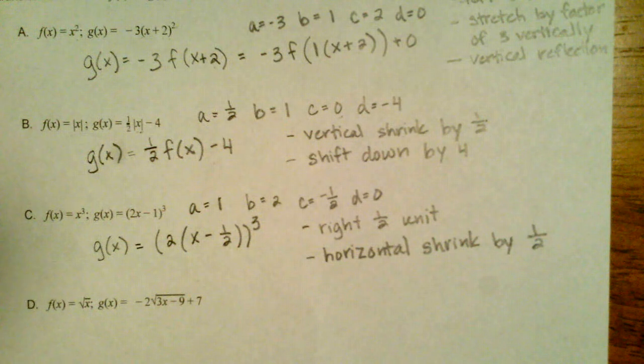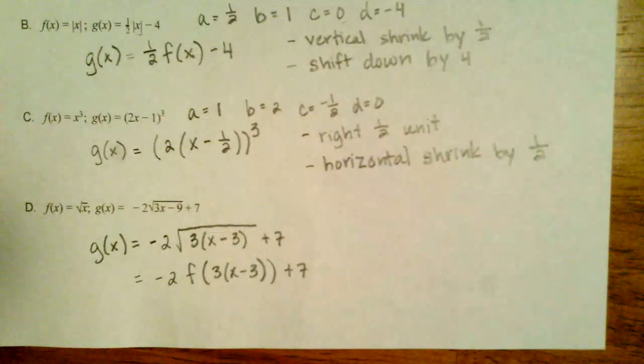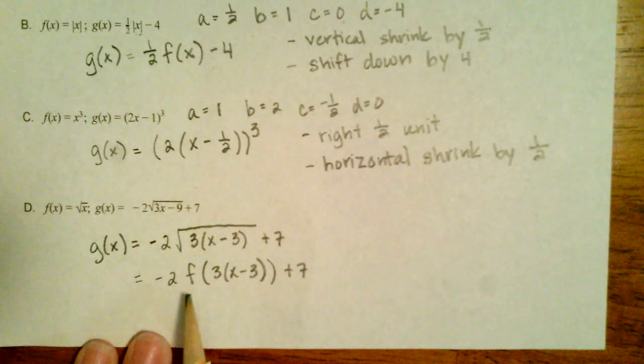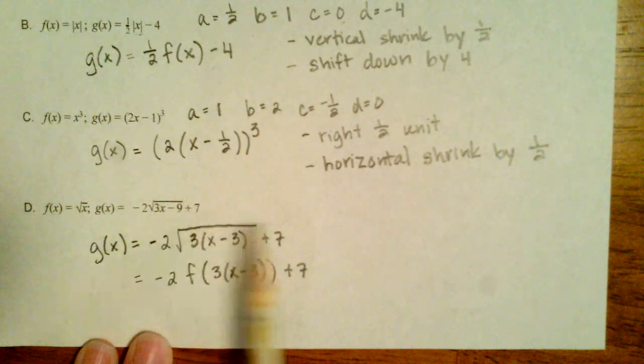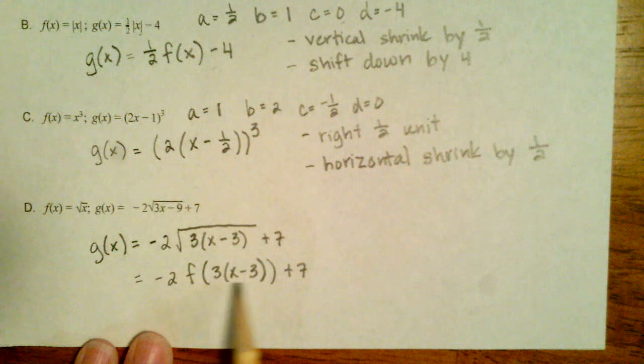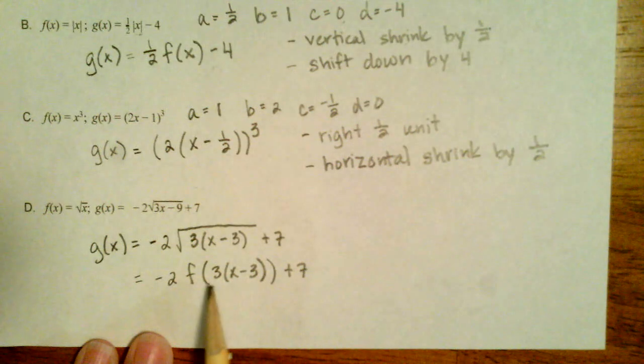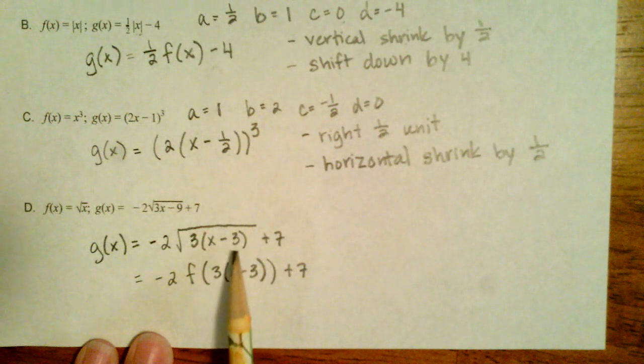Pause the video and try to write letter D in terms of f of x. Okay, so my f of x is the square root. I can see that my new input is 3 times x minus 3.